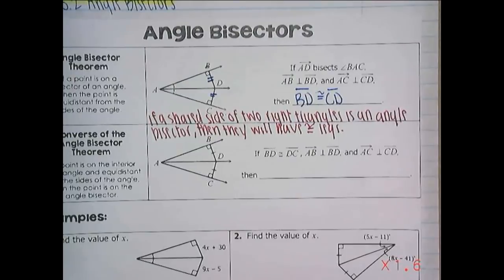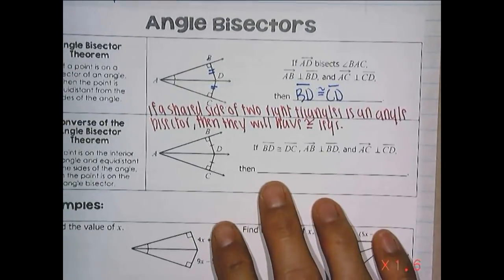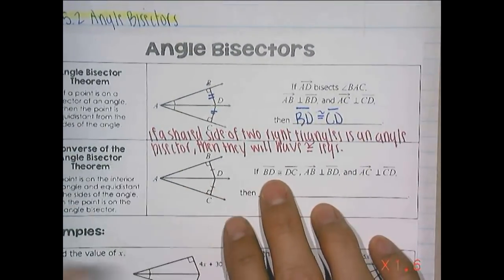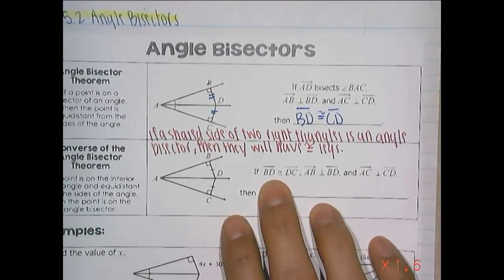Okay, so let's now look at here. We know that BD this time is congruent to DC.